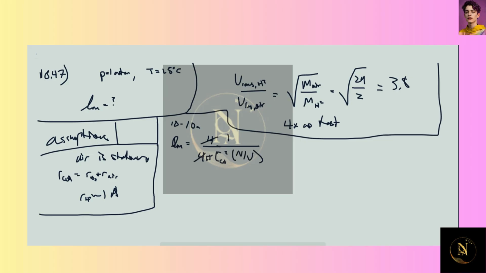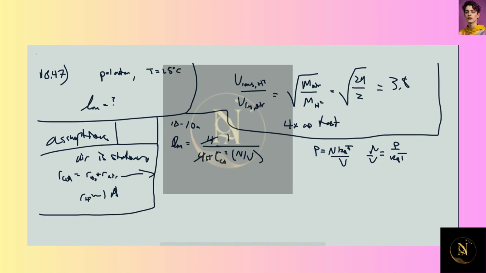We can know that immediately. We also know that P equals N kBT over V, or N over V equaling P over kBT. So let's plug that in, and let's also plug our R collision in.